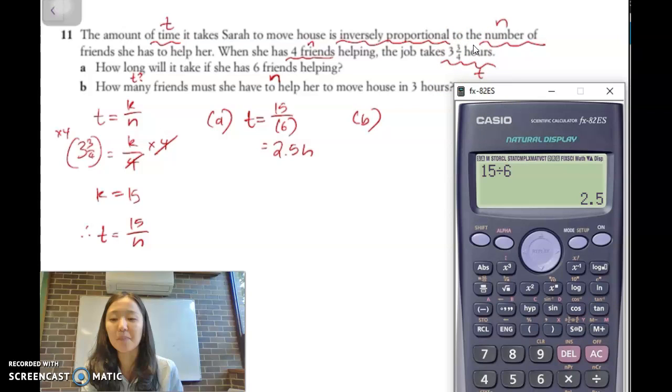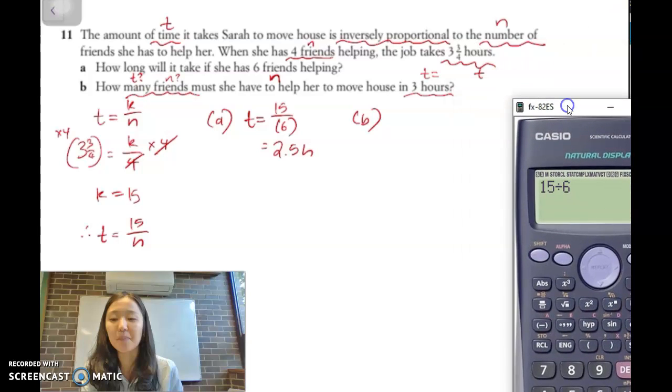Part B, how many friends must she have to move the house in 3 hours? So if t is equal to 3, what must n be is the question. Let's substitute the correct values into my equation. Here we know what the t is, it's 3, is equal to 15 over n. Remember the trick to solving for n: when the n is in the denominator, we can switch with the number on the other side of the equation.